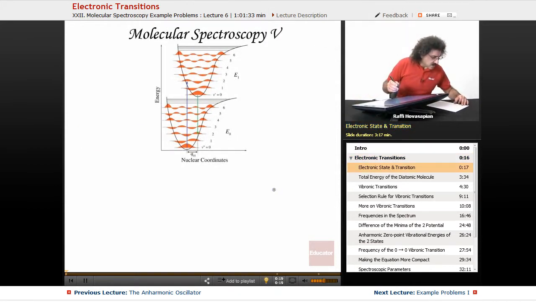Okay, now diatomic molecules, let's go ahead and do blue today.